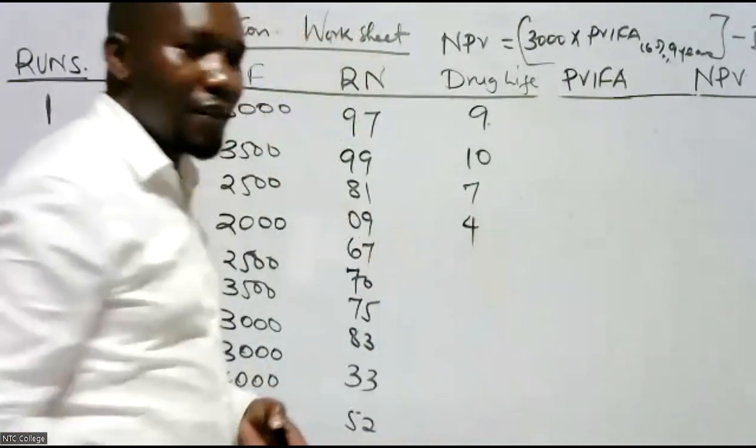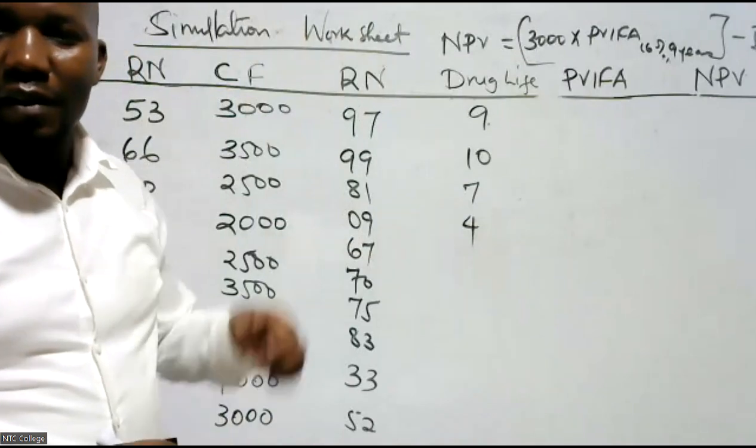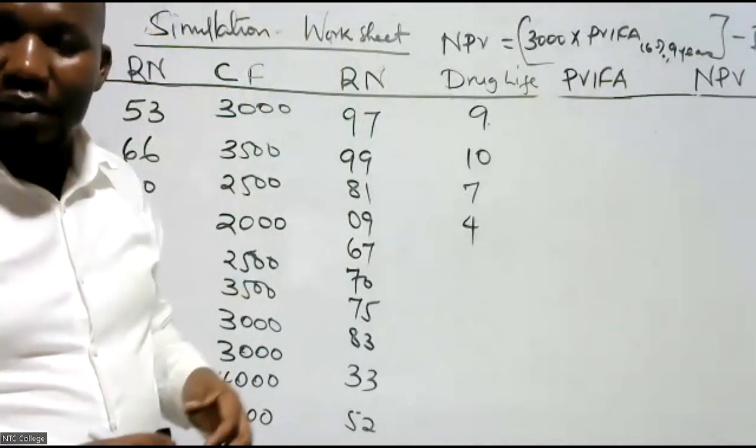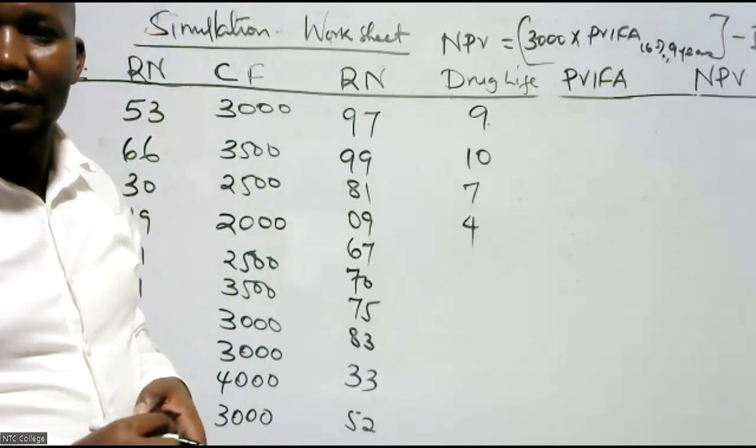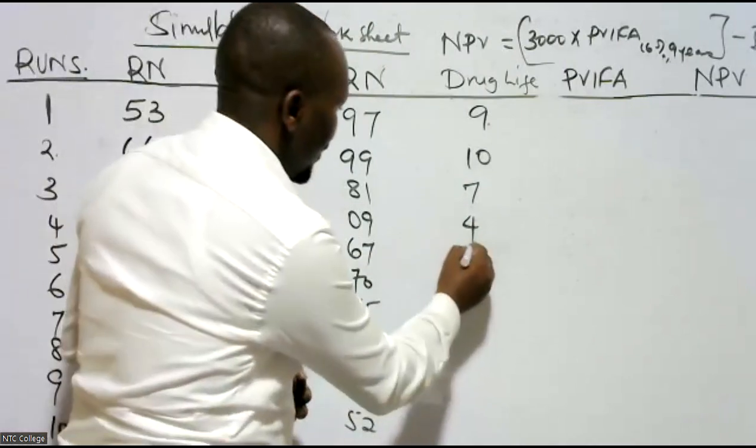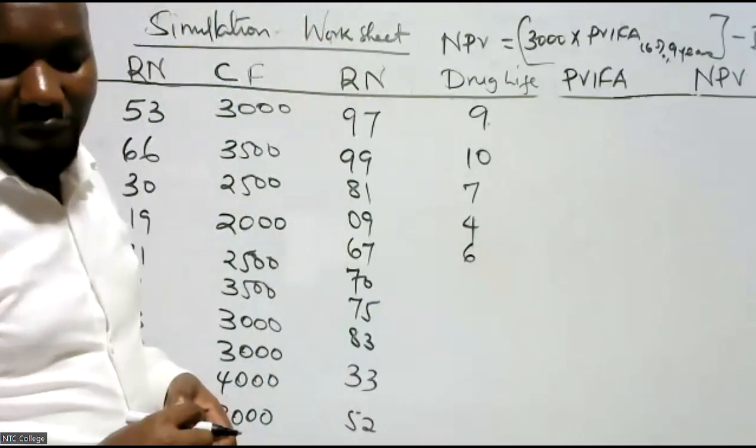And the next one, 67. Joel? 6. Be sure it is the correct one.